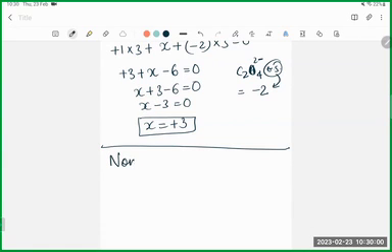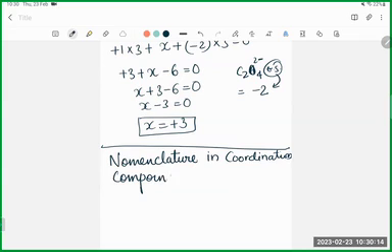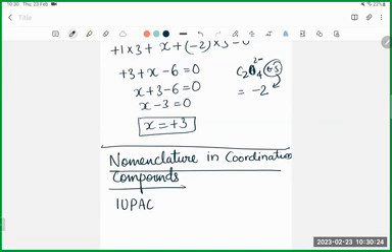So let's begin the nomenclature, which is the most important topic of this chapter. Nomenclature in coordination compounds. It is quite different from organic compounds because it's an inorganic complex salt, and it follows different IUPAC rules. So we need to know the rules.